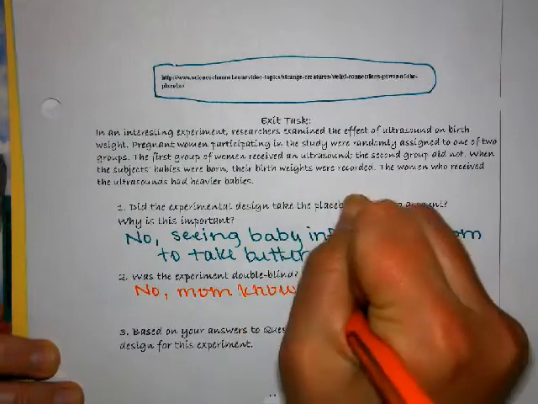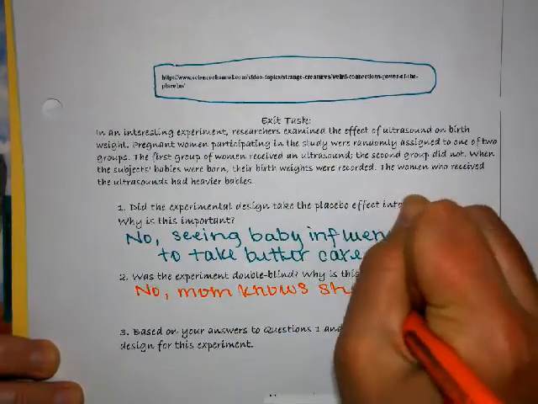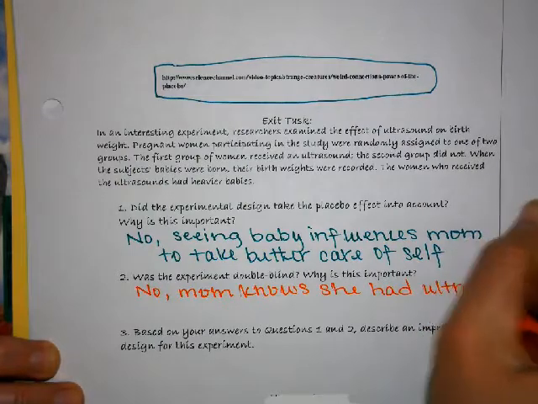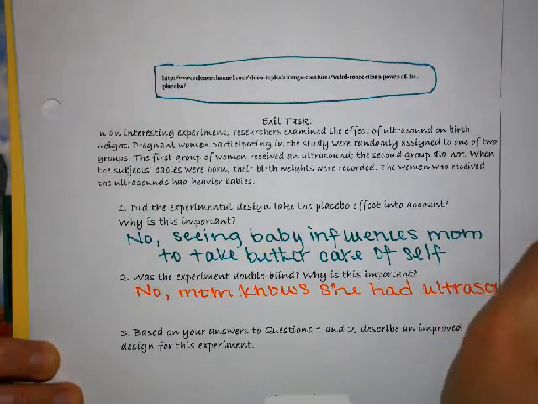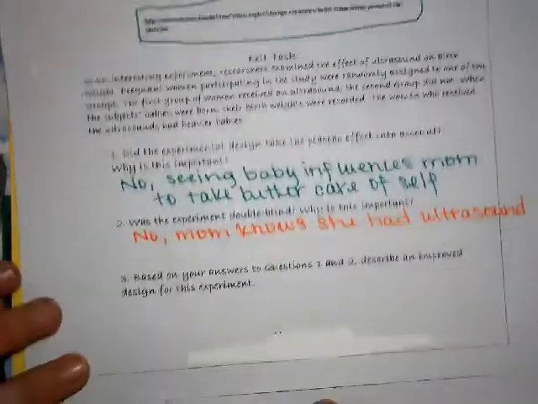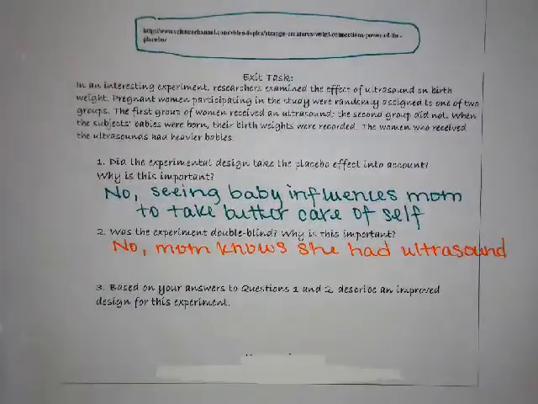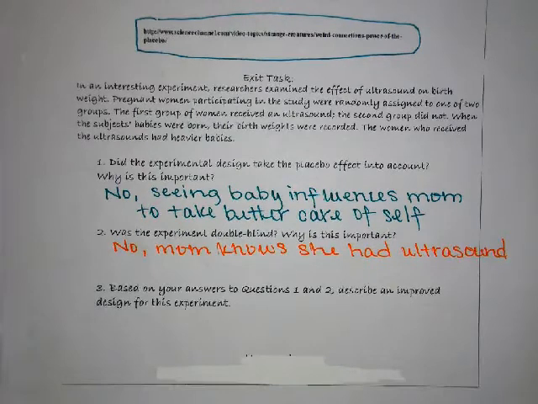And then the last one. Based on your answers, the questions 1 and 2 described an improved design. Okay, well, an improved design would take the placebo effect into account, and we would try to make it double blind.